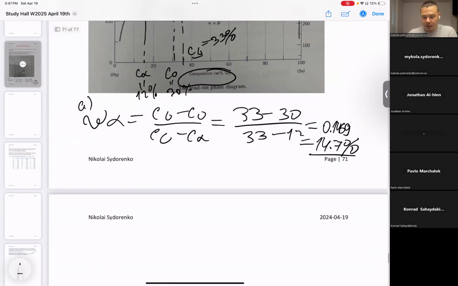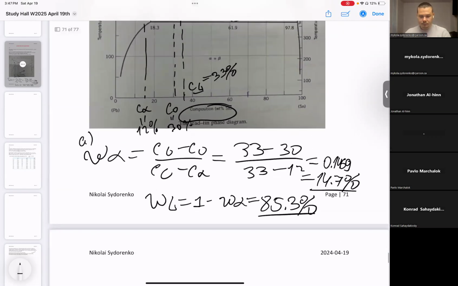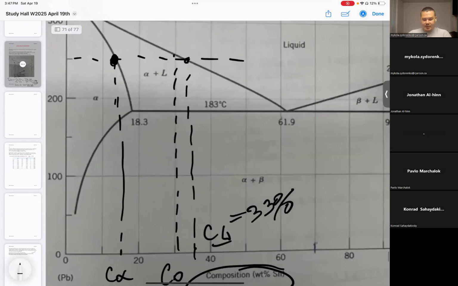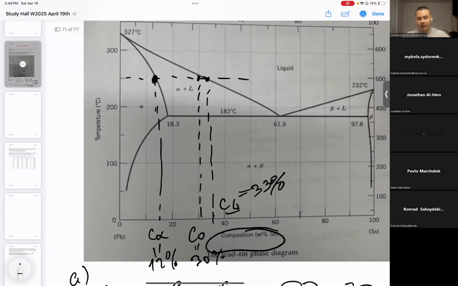The liquid is simply one minus the other one, so about 85.3% of liquid. Which makes sense because at 250 we're very close to the liquidus line. We have a lot of liquid, but we're still in the semi-solid state.